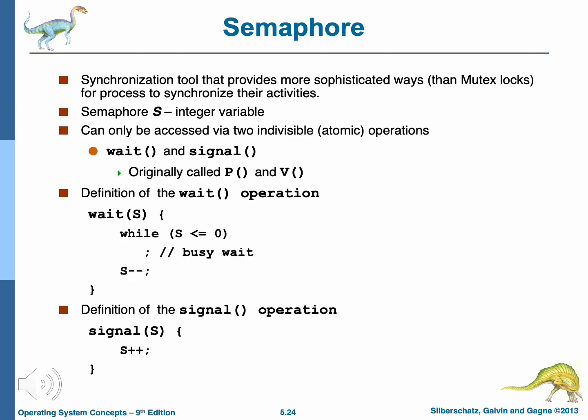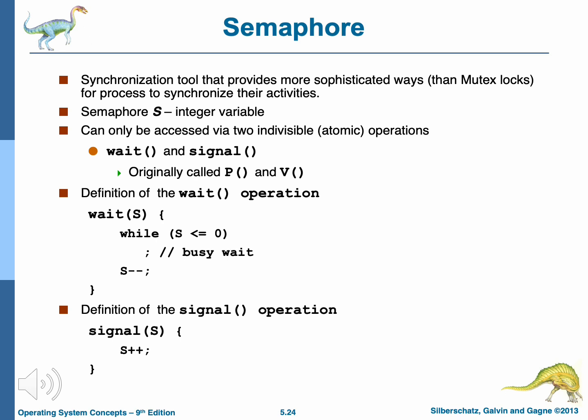Semaphores. Mutex locks, as we mentioned earlier, are considered the simplest of synchronization tools. In this section, we examine a more robust tool that can behave similarly to a mutex lock, but can also provide more sophisticated ways for processes to synchronize their activities.